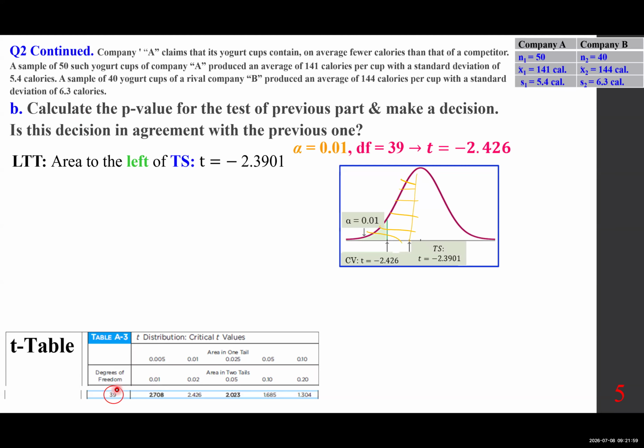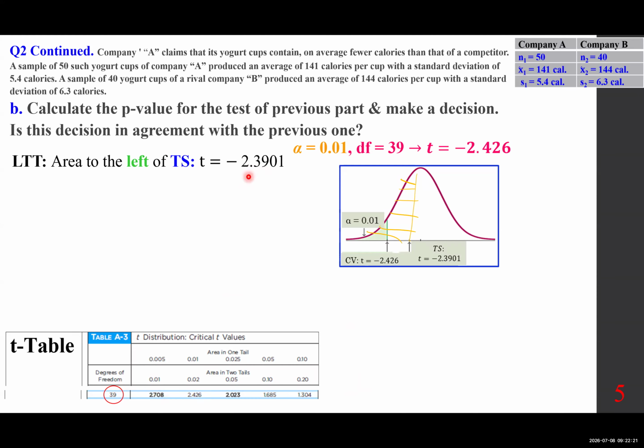And area in one tail, because we are looking at a left tail test. So we look at area in one tail, and we want the numbers. This is, by the way, negative, they are positive, it doesn't matter. We want this number 2.3901, we don't find it.